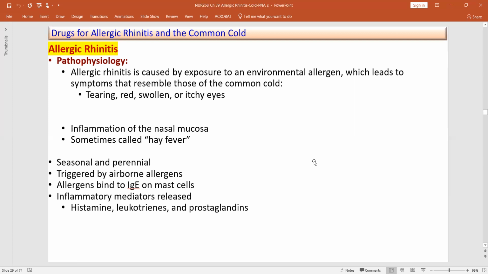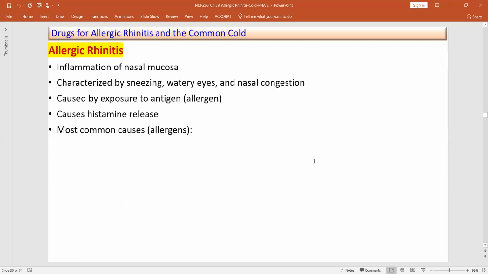This is usually mediated by the release of chemical or inflammatory mediators like cytokines, leukotrienes, and others, and histamine mainly, the main one, and prostaglandins as well. So allergic rhinitis: the most common causes are pollens from weeds, grasses, and trees.